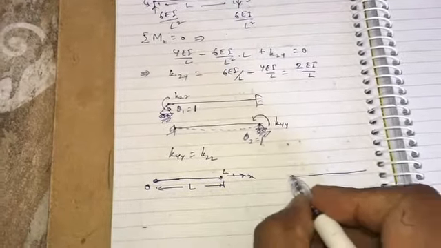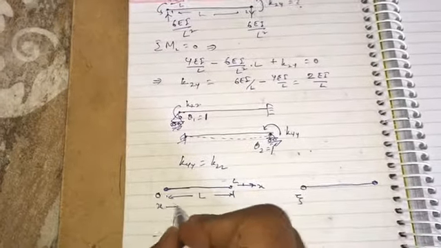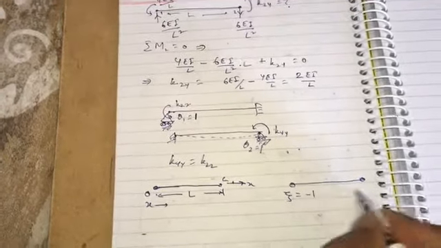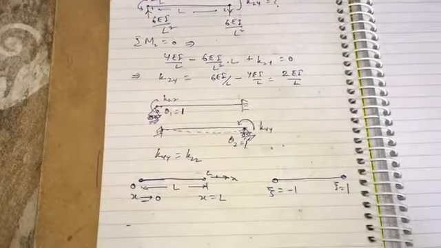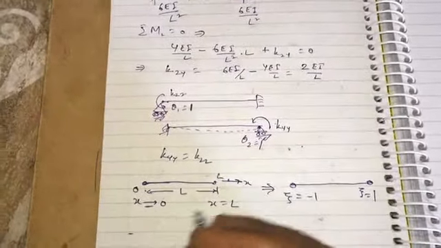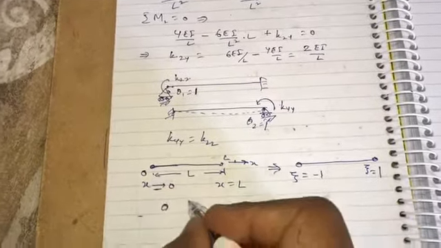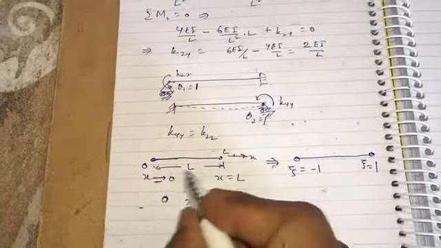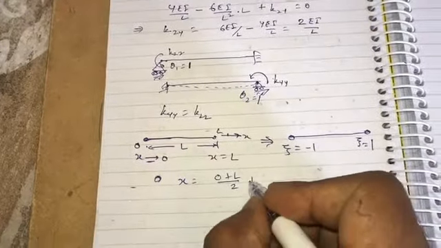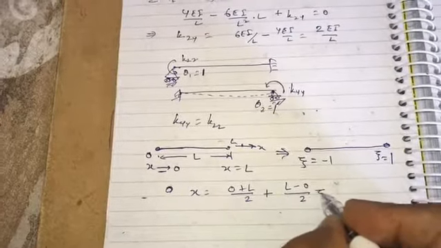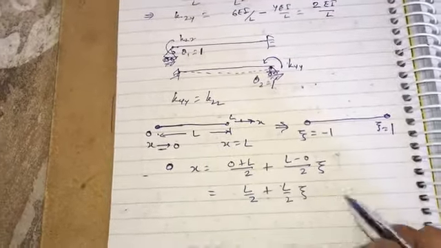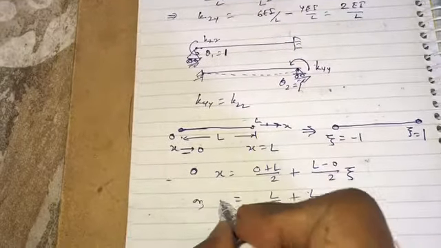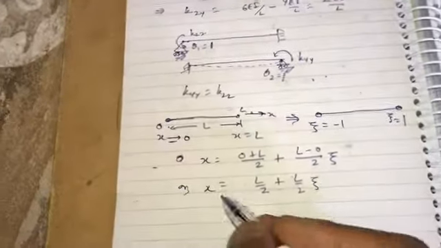We are going to transform it such that we have xi equal to -1 here and xi equal to 1 here, where before we had x equal to 0 and x equal to L. If you remember the transformation we used, x equal to 0 plus L over 2 plus (L minus 0) over 2 times xi, or in this case x equal to L over 2 plus L over 2 xi. If xi equal to -1, you have x equal to 0. If xi equal to 1, you have x equal to L.